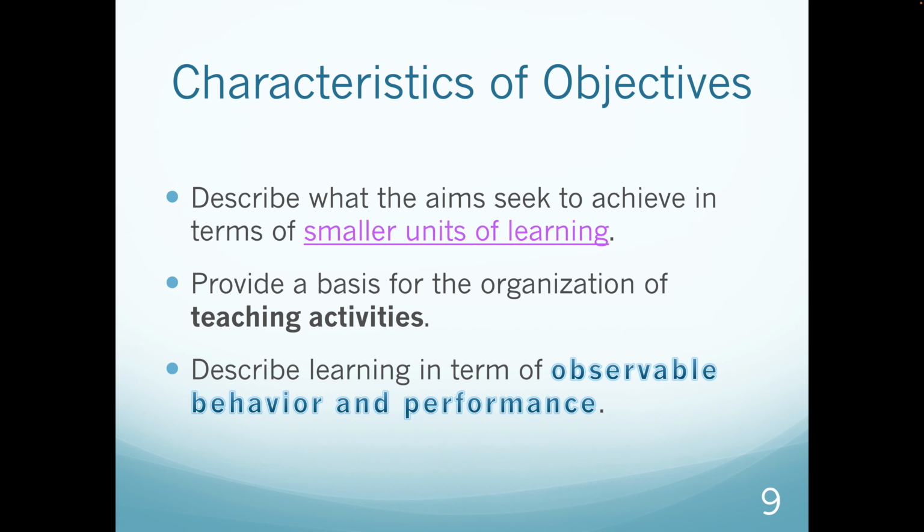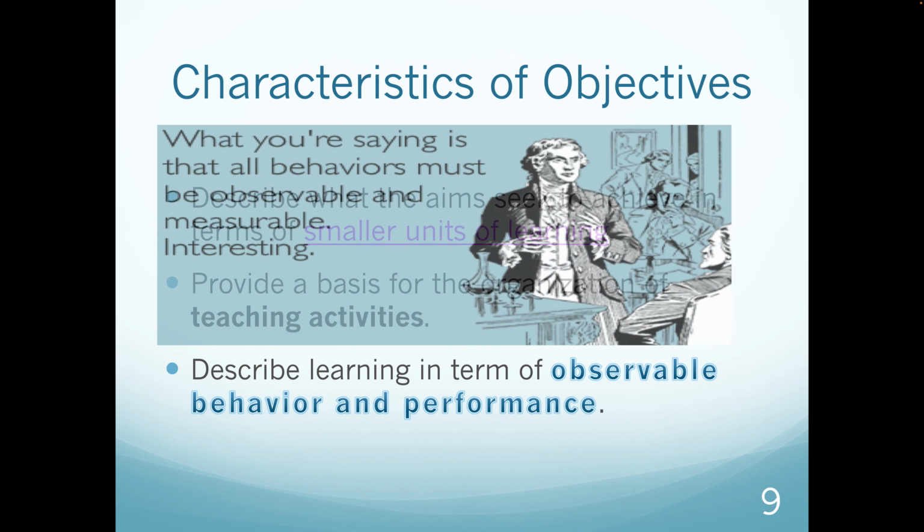At the same time, they describe learning in terms of observable behavior especially, and performance. So while aims show us a change, objectives show us specific observable behavior and performance. So it's different, right? It's even more specific.